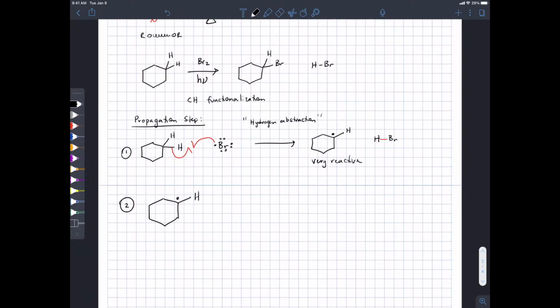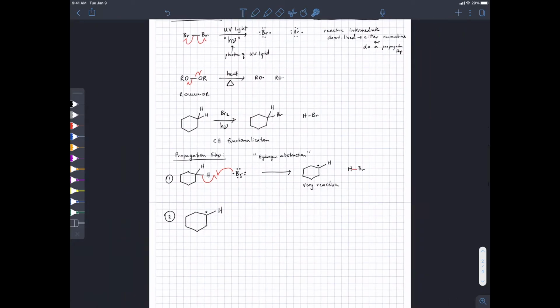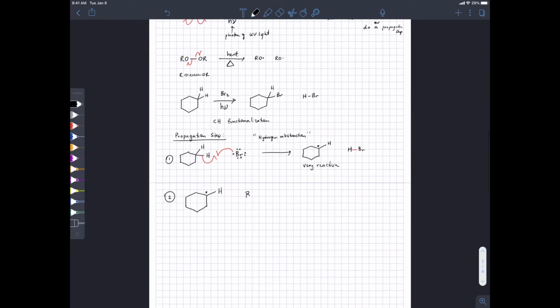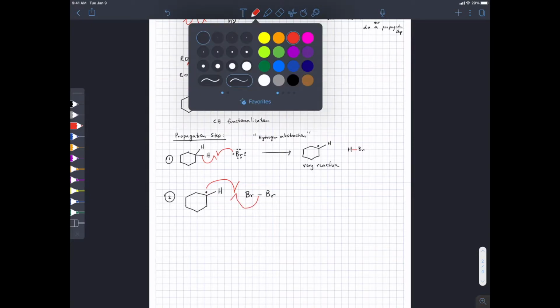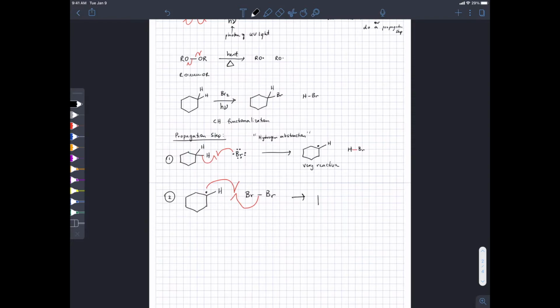So what it will do, at any given point, most of our bromine exists as Br2. So it will actually do a similar step where the single electron on the carbon removes bromine with one of its electrons to create a new carbon-bromine bond, and you make a new bromine radical.